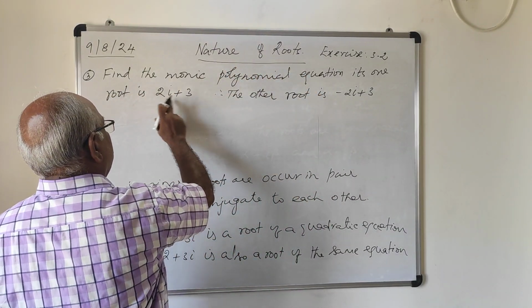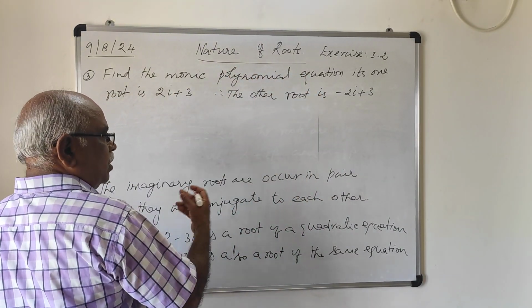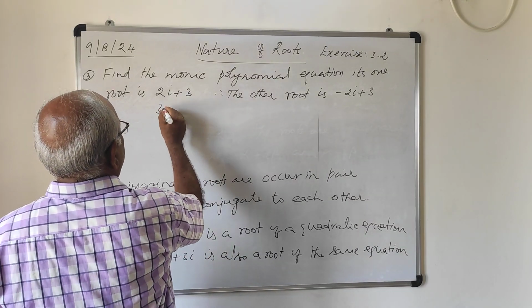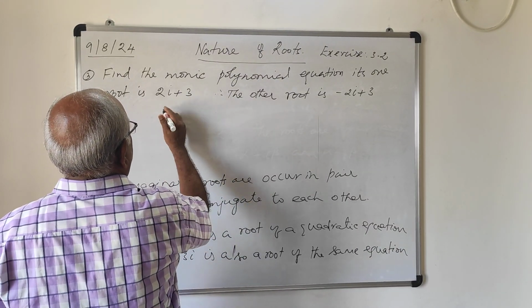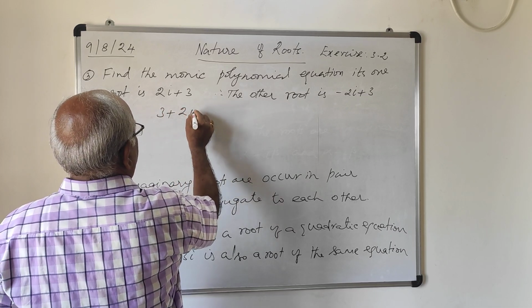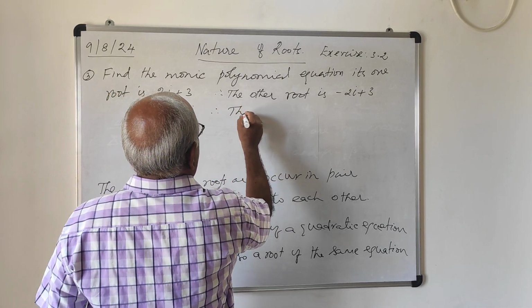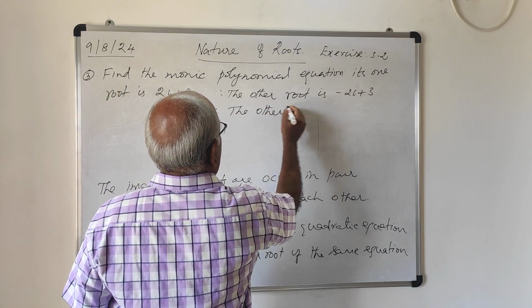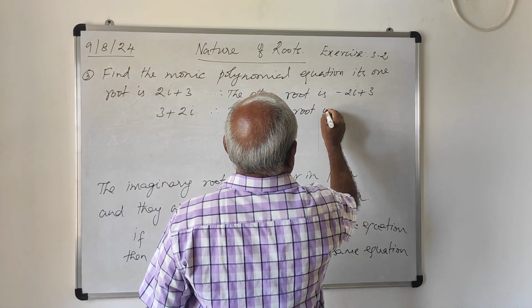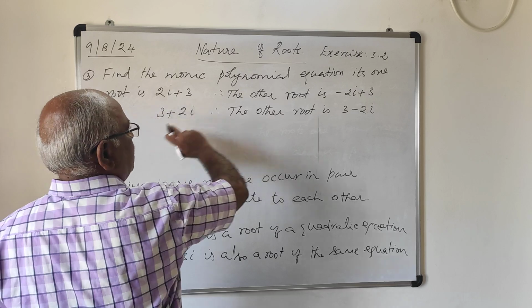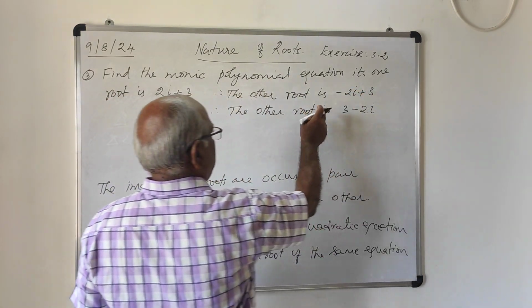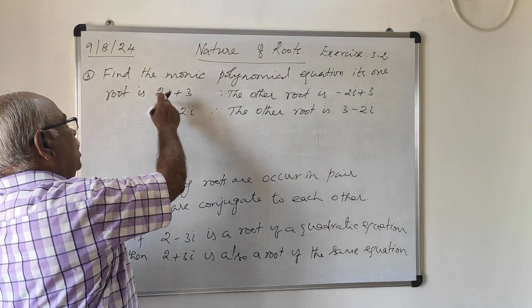Or otherwise you can write it as 3 plus 2i. If you write the root as 3 plus 2i, therefore the other root is 3 minus 2i. These are the same roots.